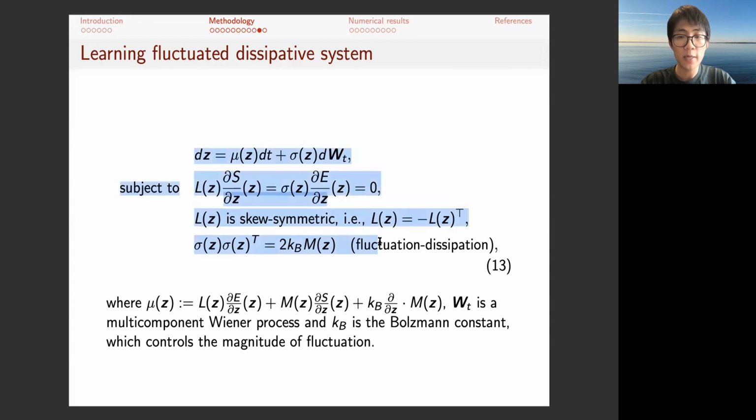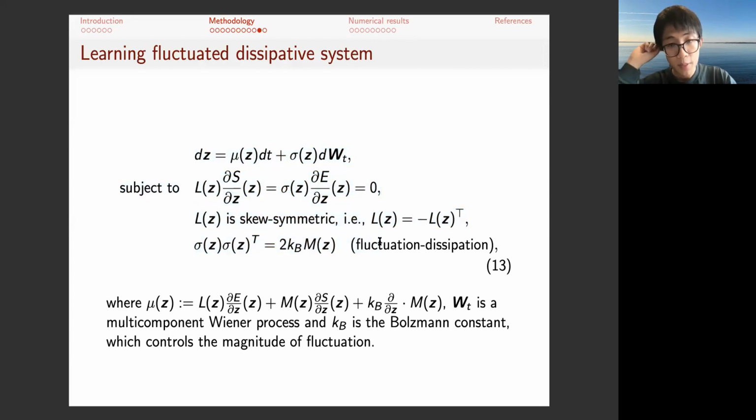So this is the stochastic form of the generic formalism, in the sense that it can be written as dz equals mu z dt plus sigma z dWt, while mu takes the form of L dE plus M dS plus kB divergence of M. So if we take the limit of kB going to 0, then this is essentially the same as the deterministic generic formalism we discussed before. And this is a natural extension of that into stochastic systems.